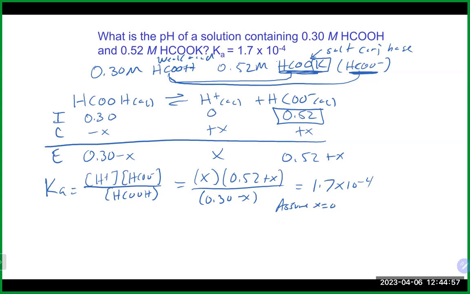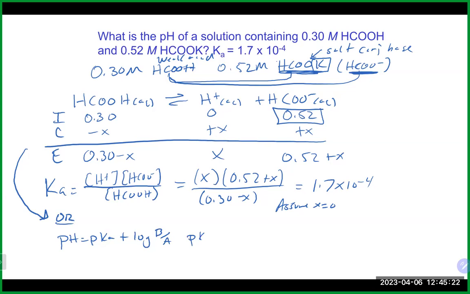Check your assumption. Alternative to this is you could skip all that. As soon as you recognize that it is a common ion problem, really a buffer, you could go right into the Henderson-Hasselbalch. You could do this: pH is equal to pKa plus the log of the base over the acid.